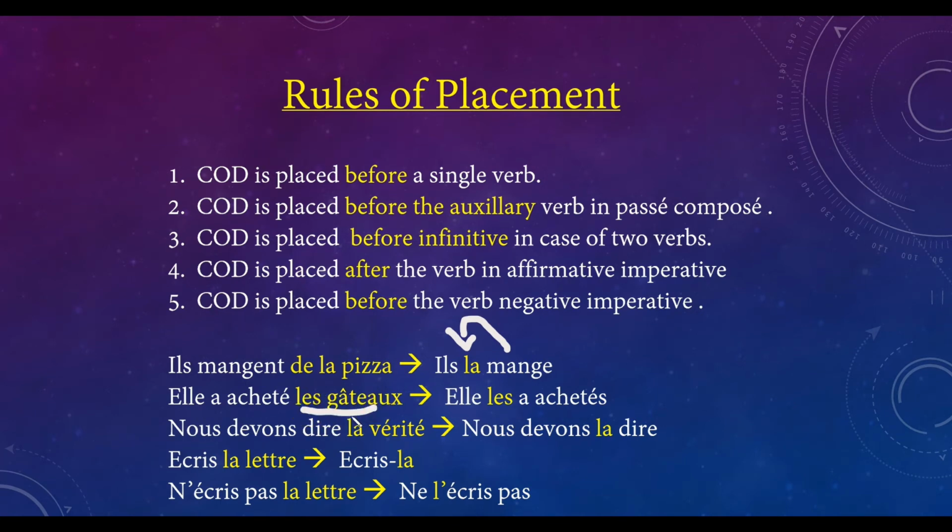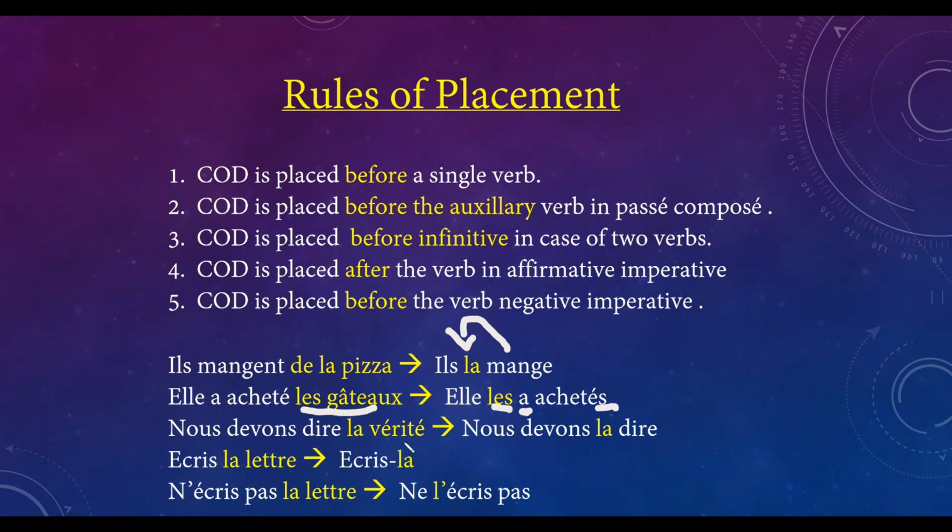It is masculine plural, so you will use les, and it is placed before the auxiliary. Auxiliary is avoir, so elle les a achetés. Here you can see the past participle agrees with the number and gender. It is masculine plural. Les is masculine plural. Why? Because gâteau is masculine and it is plural.